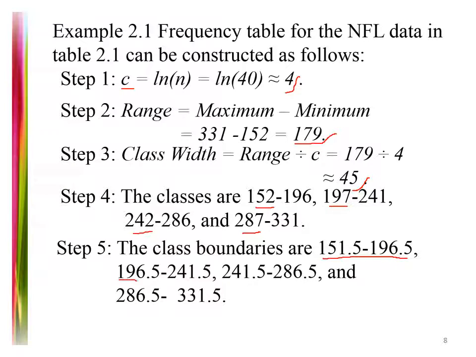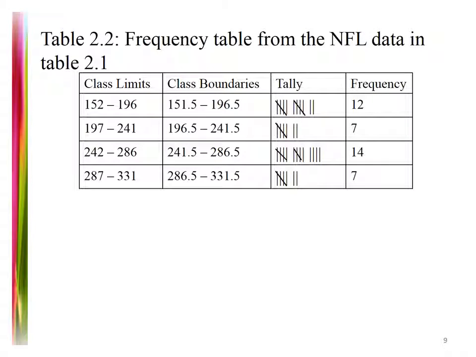Here the starting point, 196.5 to 240.5. Also in this case, the lower value is inclusive and the upper value is exclusive. Next we can use a tally. Just count how many observations are in each interval.